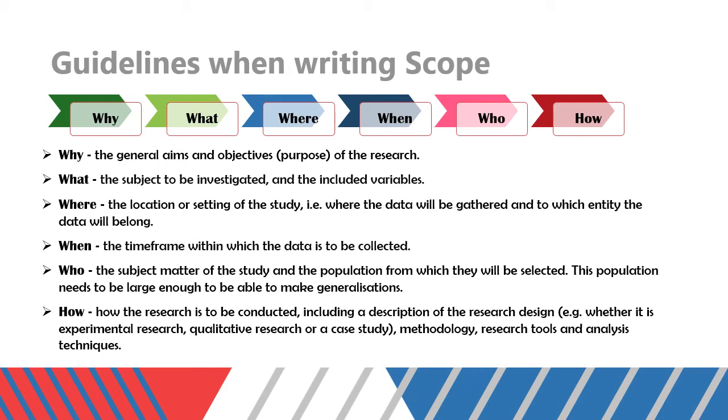And for how, the research is to be conducted, including a description of the research design, whether it's an experimental research, a qualitative research, or a case study, methodology, research tools, and analysis technique.